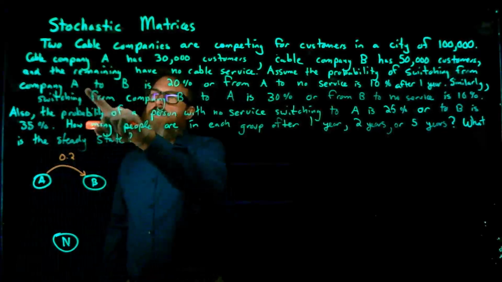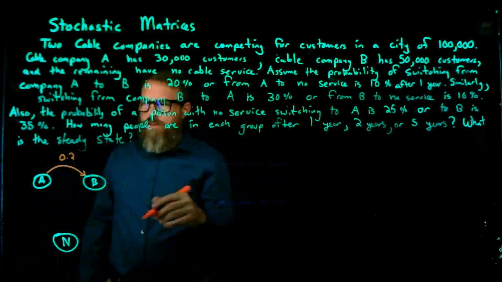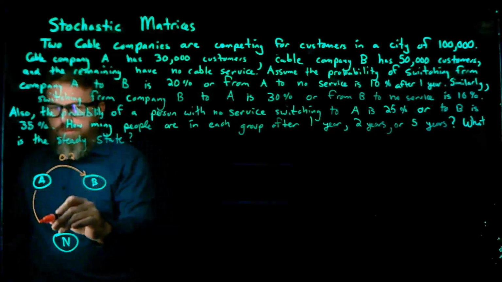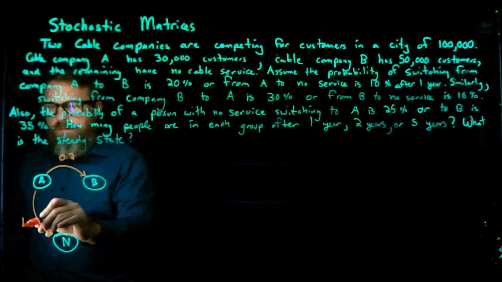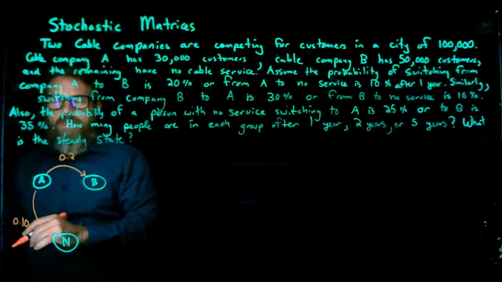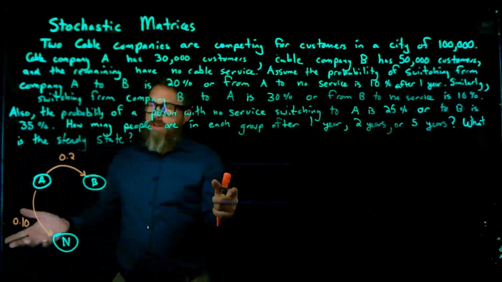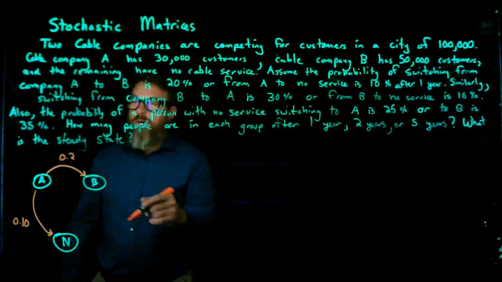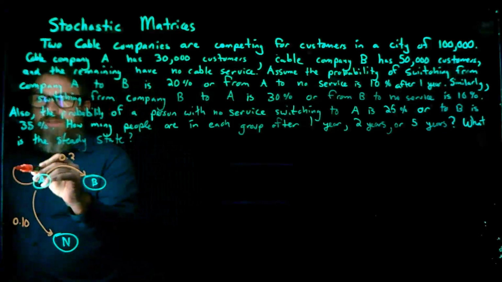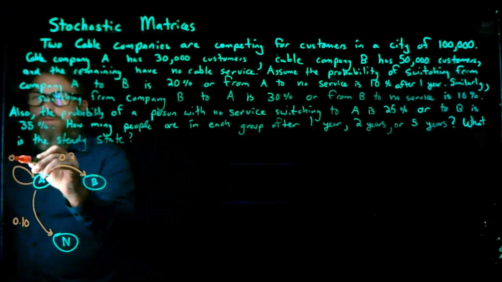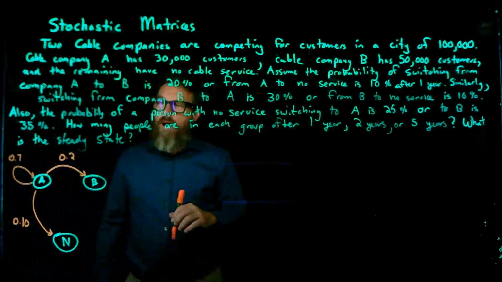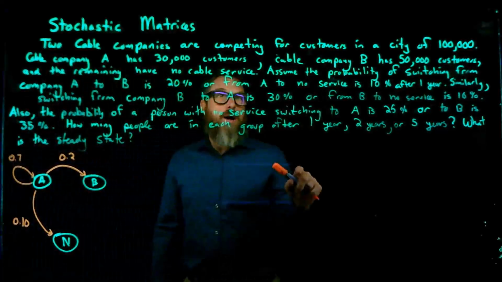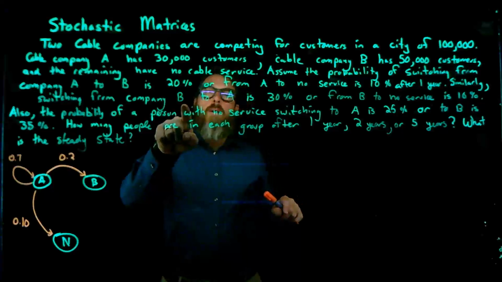It also says from A to no service is going to be 10%. So this is going to be 10%. Now, that's only 30% of the customers going from A to another one, which means that 70% are staying with this company. So 0.7.